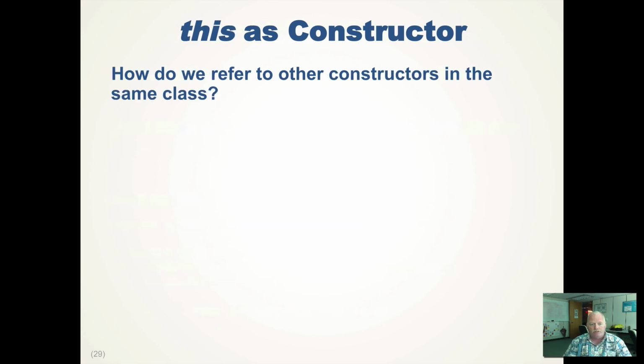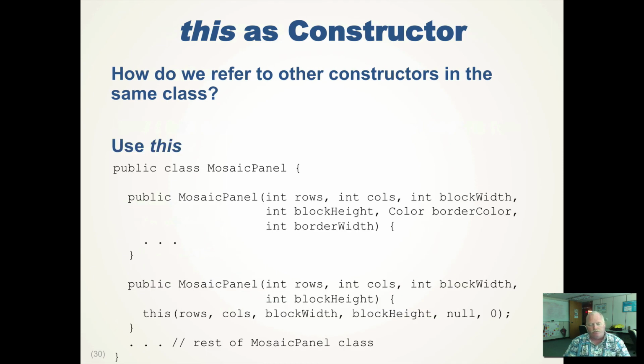And you can also use other constructors in your class. How do we refer to them? It's similar to super, which can be a variable or a method. Well, we can use this to refer to other constructors in this instance. So, for example, we have a public MosaicPanel that takes int row, int column, int block width, several other ints, a color, and a border width.